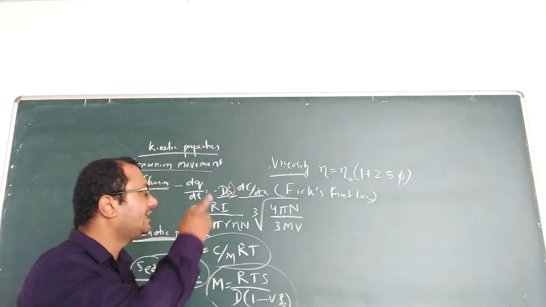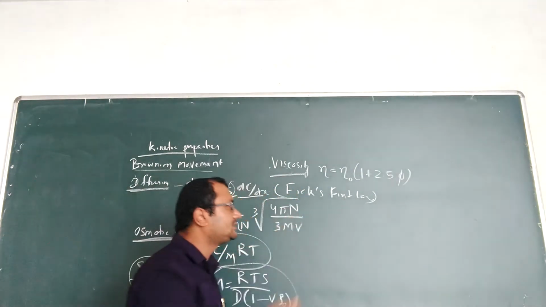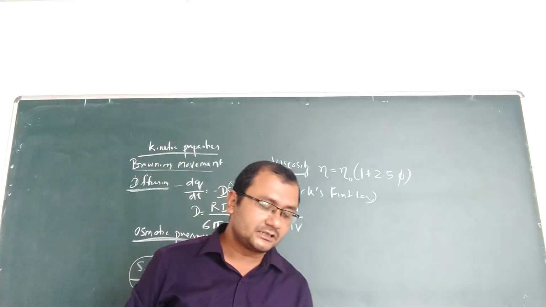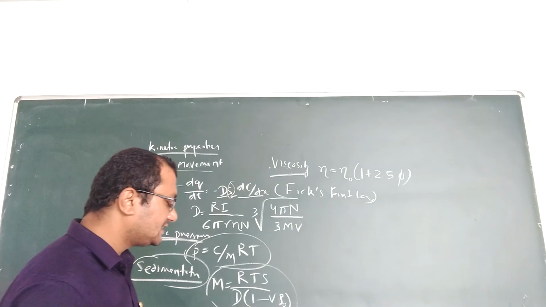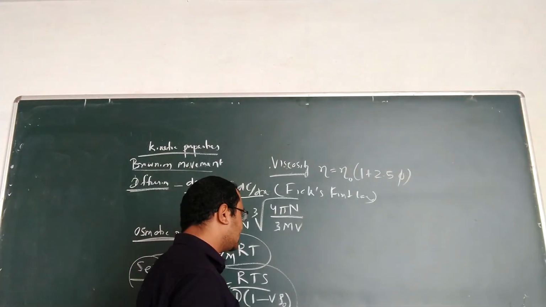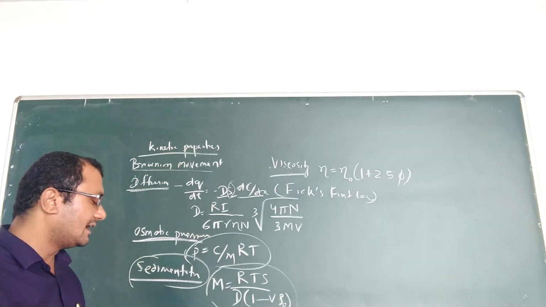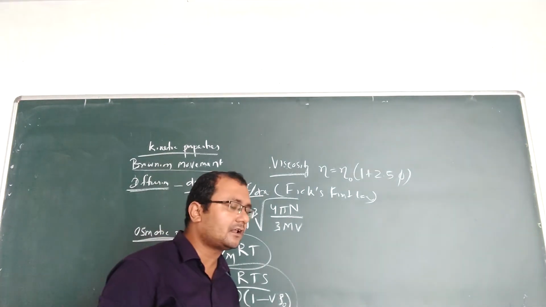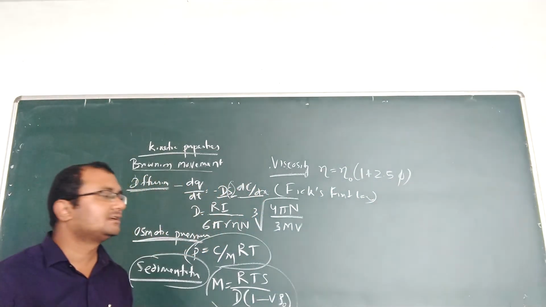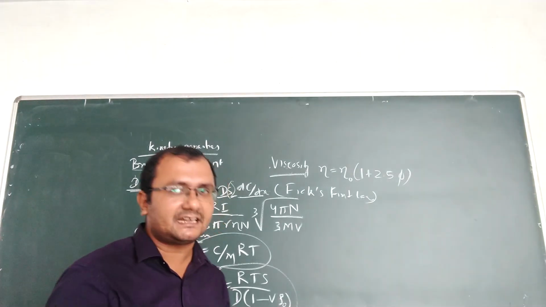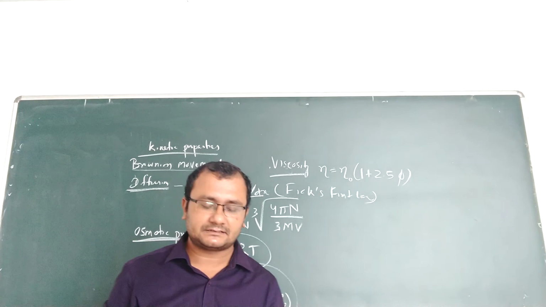For that we take one equation: eta is equal to eta 0 into 1 plus 2.5 phi. Here eta means viscosity of the dispersion, eta 0 means viscosity of the dispersion medium, and phi means volume fraction of colloidal particles. By taking this type of equation, we can easily find out the viscosity of colloidal particles.